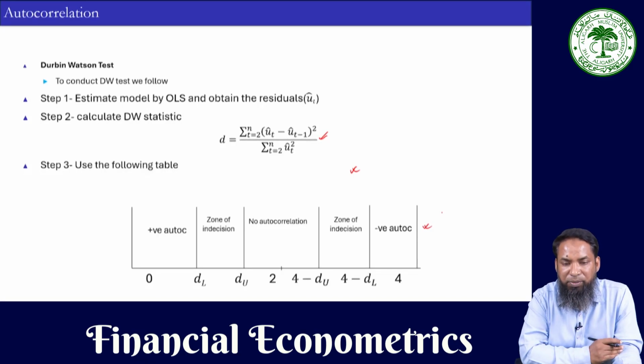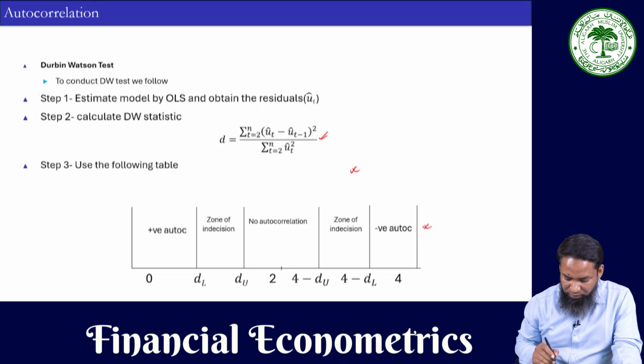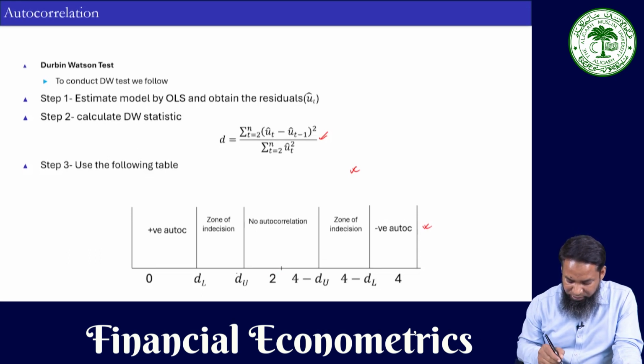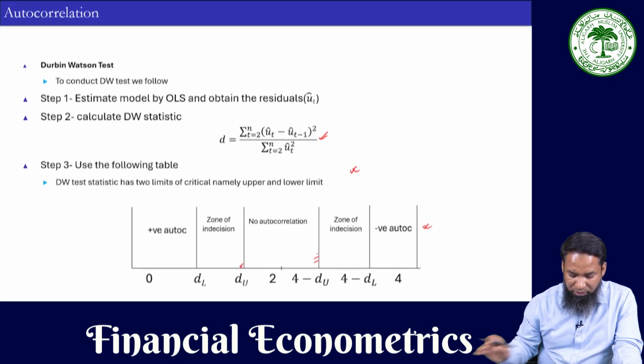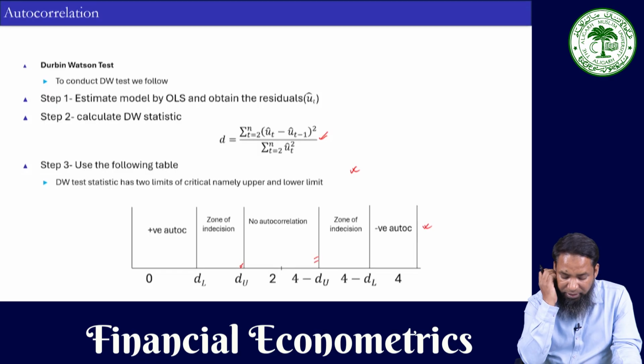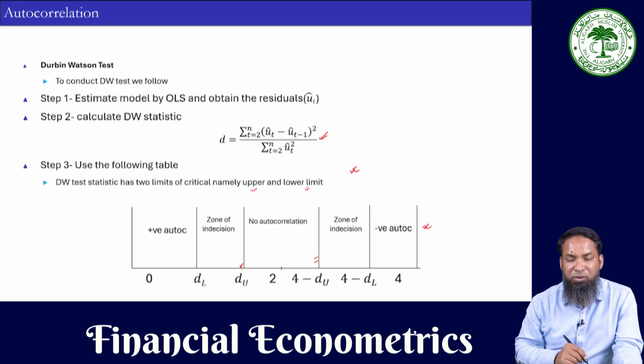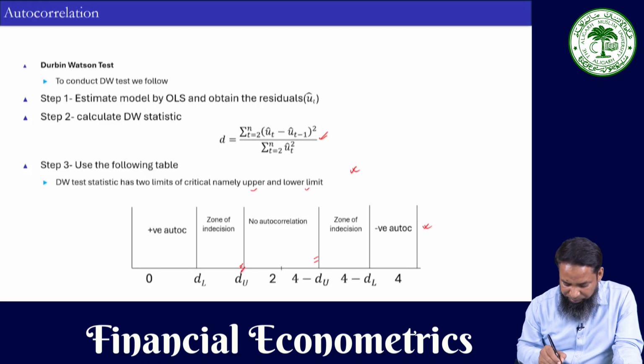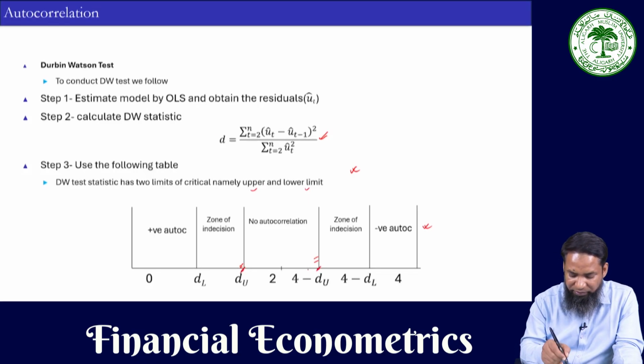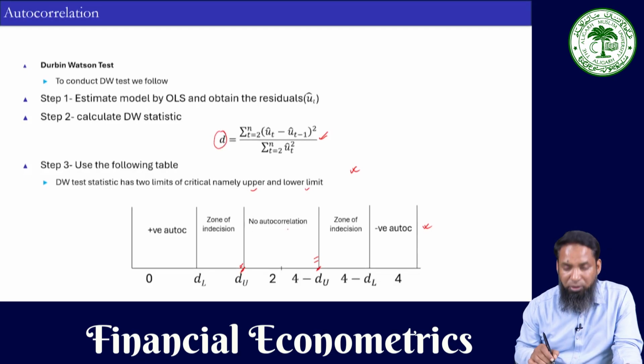What this table says is that we have two critical limits, namely the upper limit and the lower limit. If the value of the d statistic is between the upper limit and the lower limit, that means there is no autocorrelation.